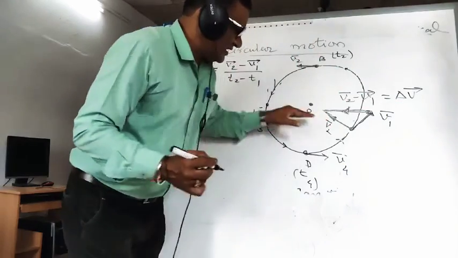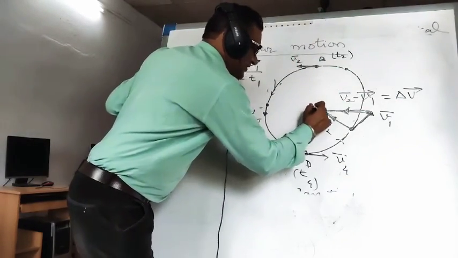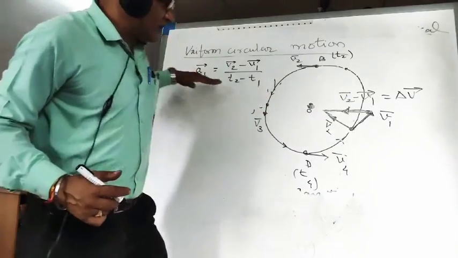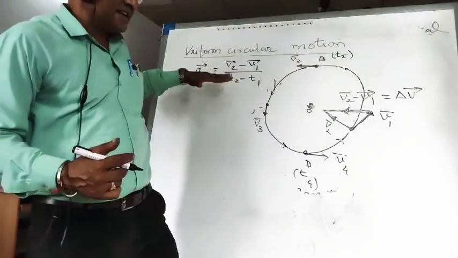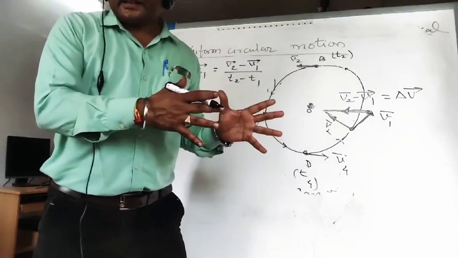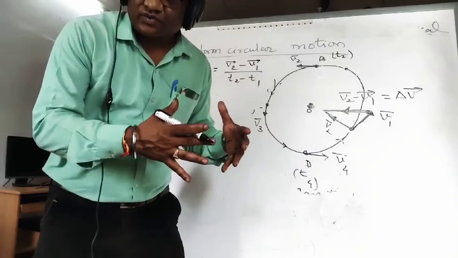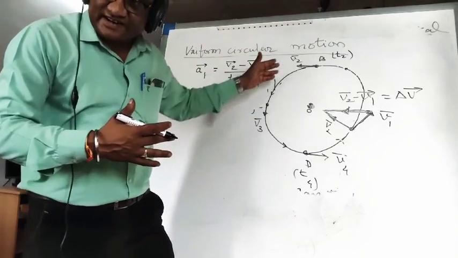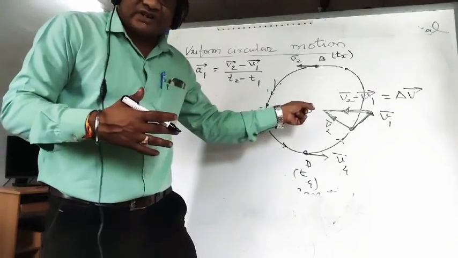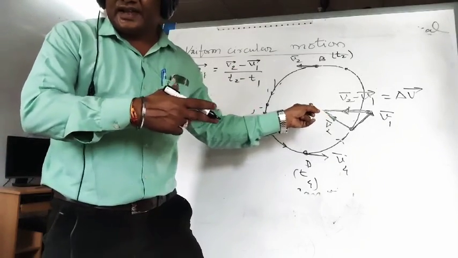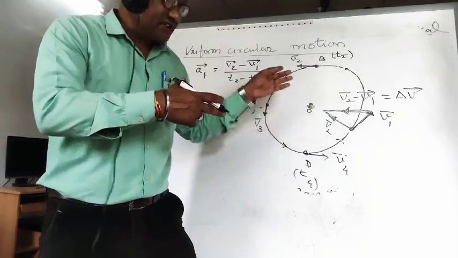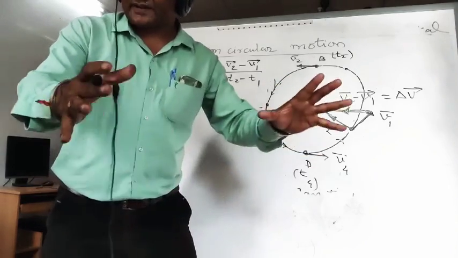So what we found is that the change in velocity vector definitely passes through the center of the circular path. Hence, we can say that uniform circular motion is an accelerated motion and the direction of acceleration is always toward the center of the circular path, and hence this acceleration is called centripetal acceleration.